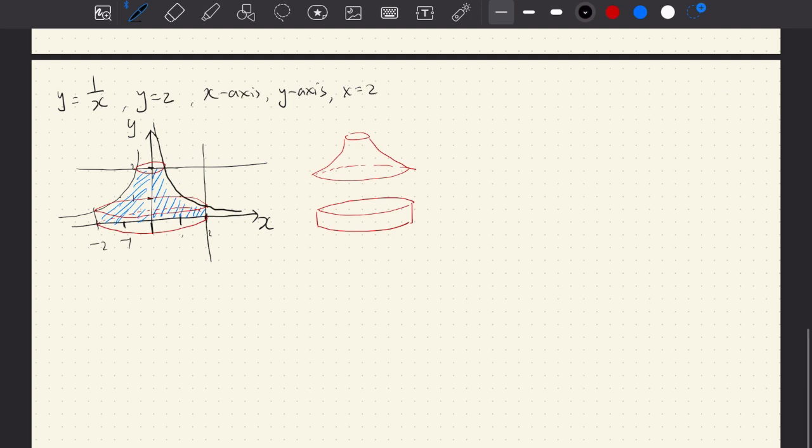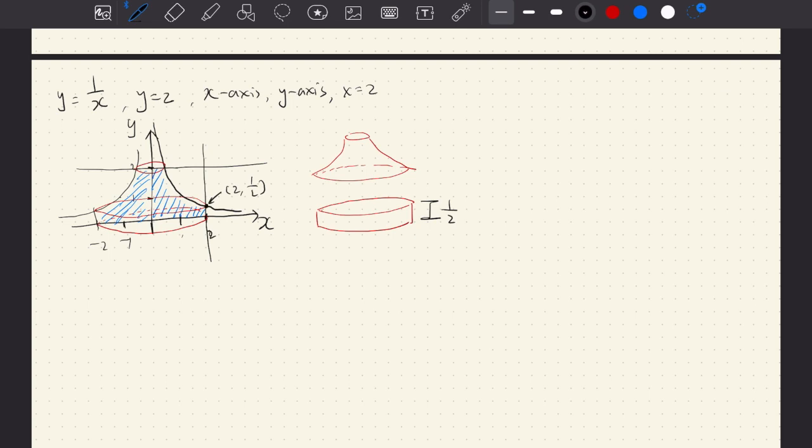So for the first solid, it looks like a cylinder. It is actually a cylinder. So what is the height of this solid? The height of this solid is actually the y coordinate of this point, right? So the y coordinate of this point, here you can see that because its x coordinate is 2, because this is 2. So this point is (2, 1/2). So here the height is 1/2, okay?